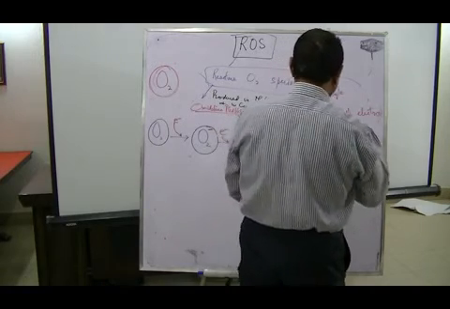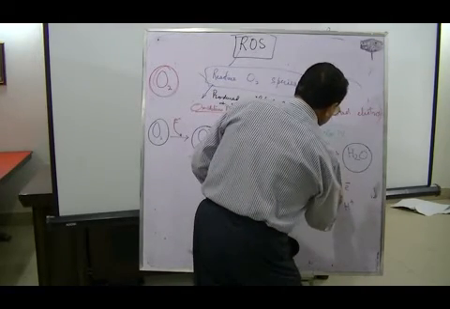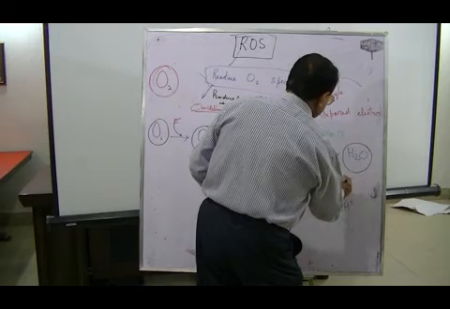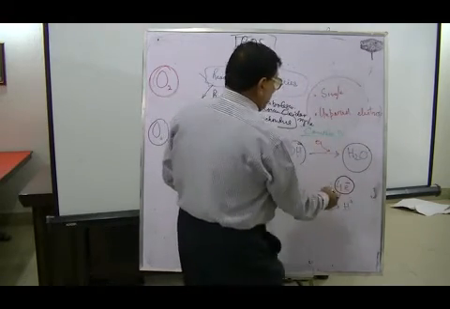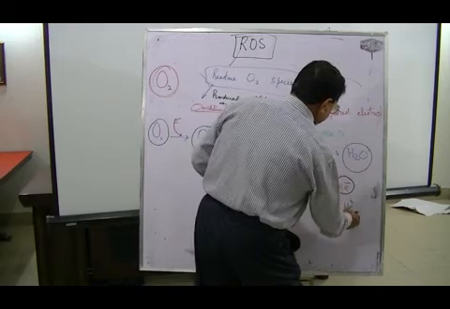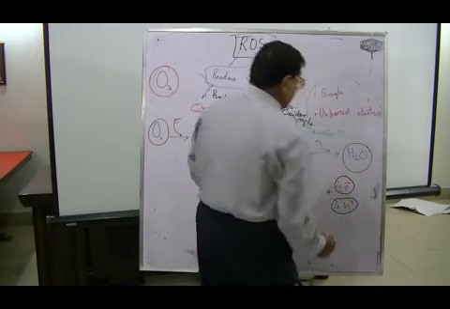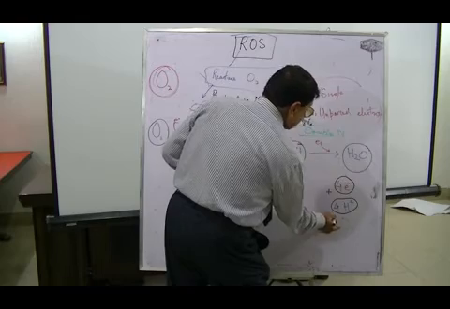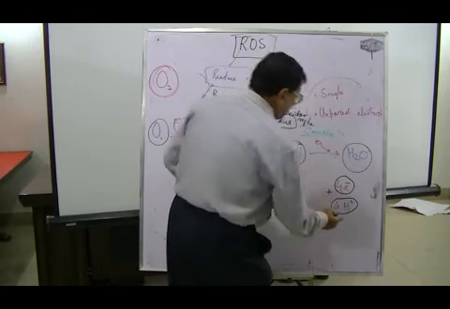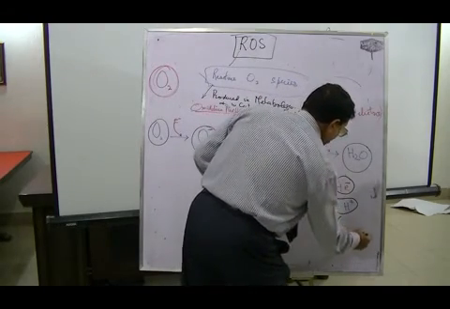So this is 4 electrons, cytochrome oxidase system, 4 protons which have been thrown into the intramembranous space, and a molecule of oxygen.